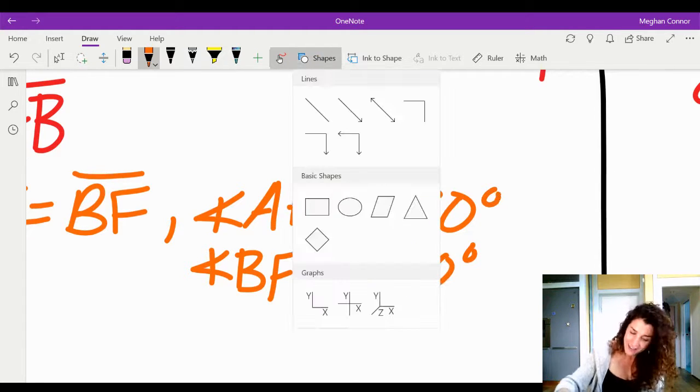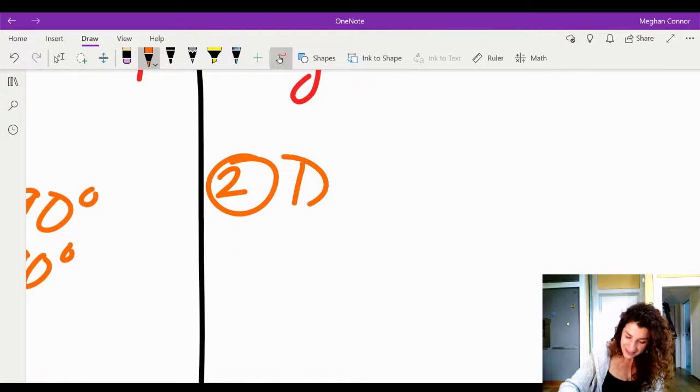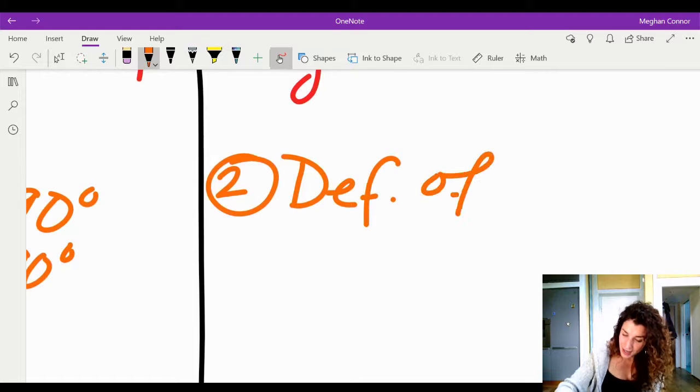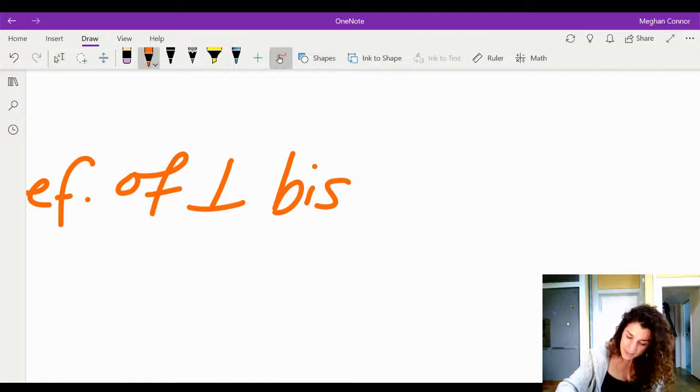Sorry, end of the day, feeling a little bit tired. Definition of perpendicular bisector.